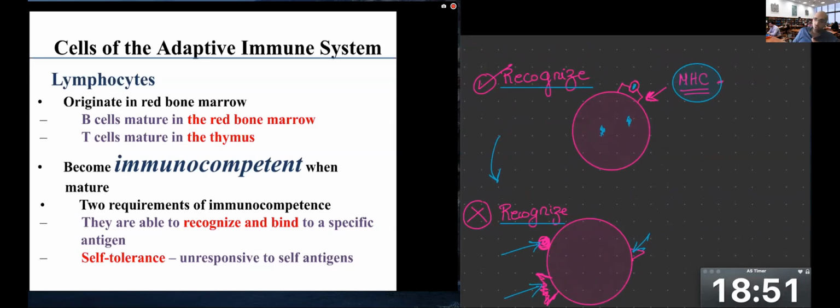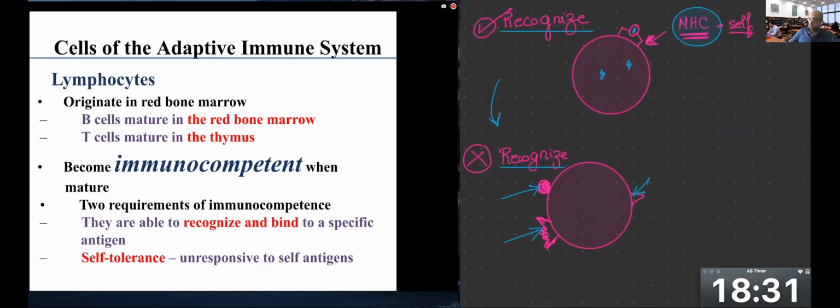We call those antigens which are self. This is a self antigen. I need to recognize it and be able to bind to it. It's called MHC, major histocompatibility protein. This is a self antigen, but you need to recognize it.